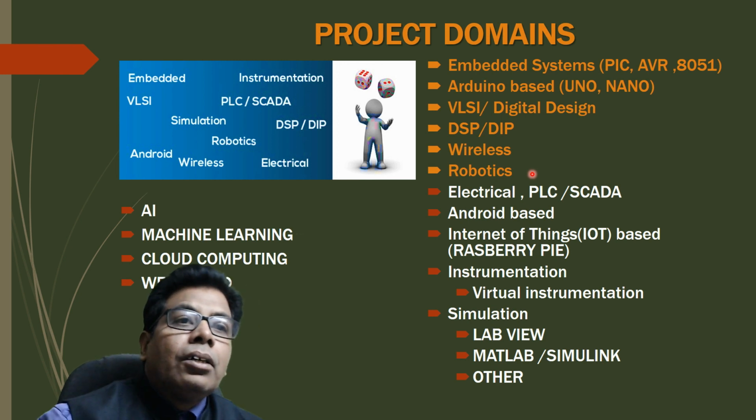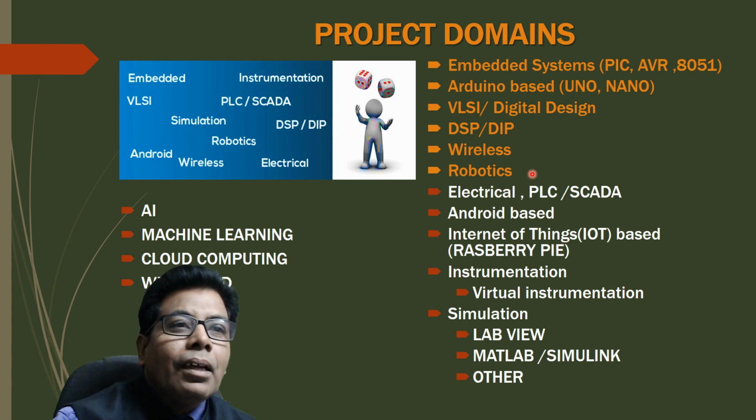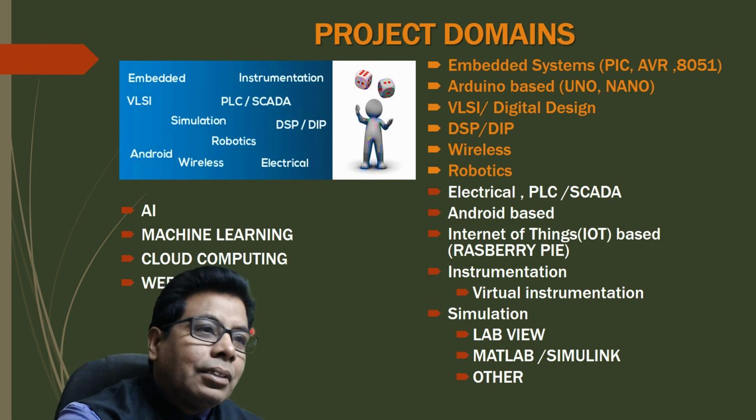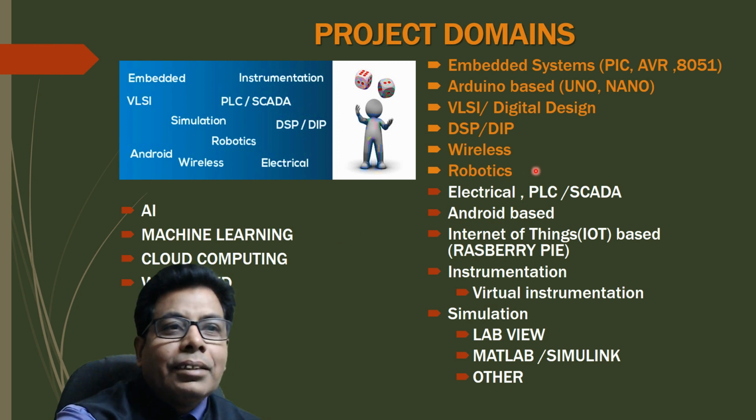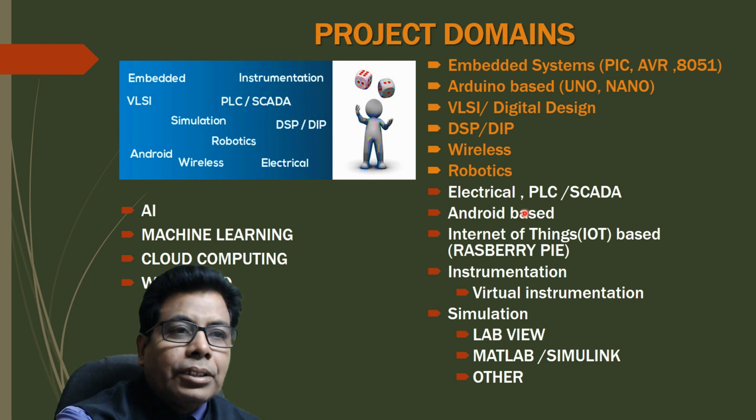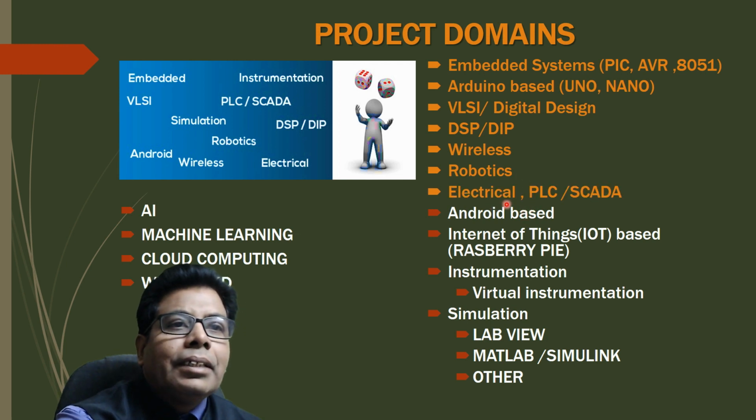Nowadays, robotics has become a very popular field, and the addition of say AI, machine learning, these things, they are making the robots more intelligent and smart. So if you are going to do some project in this field, that is an additional advantage. Then another field is electrical PLC SCADA, that is for the automation. Again, this field is also open to all of you.